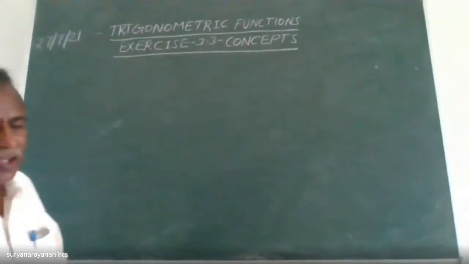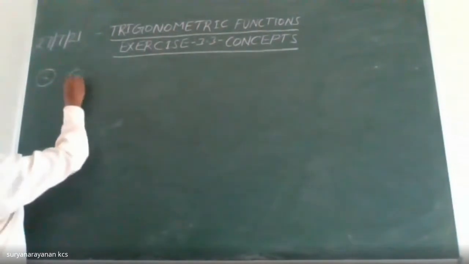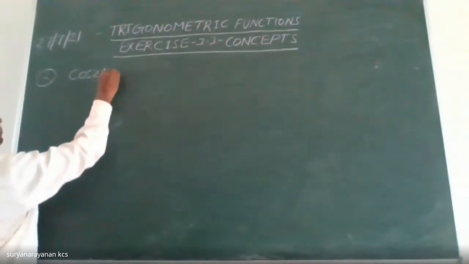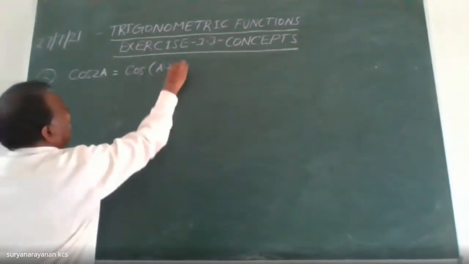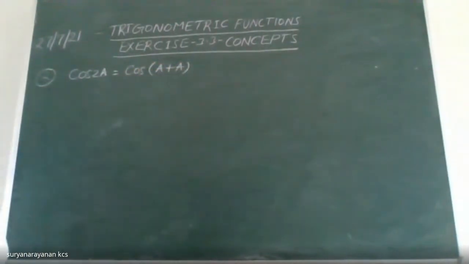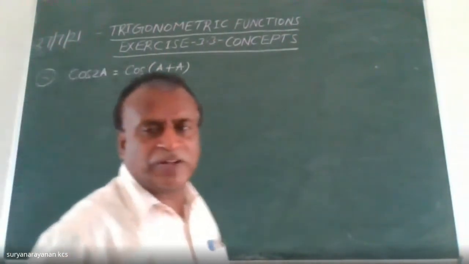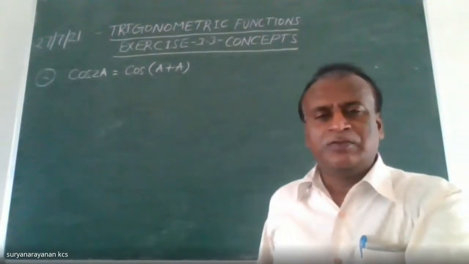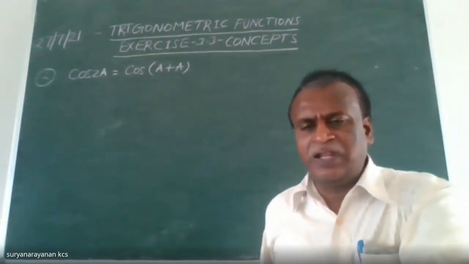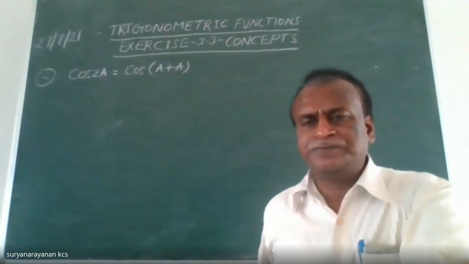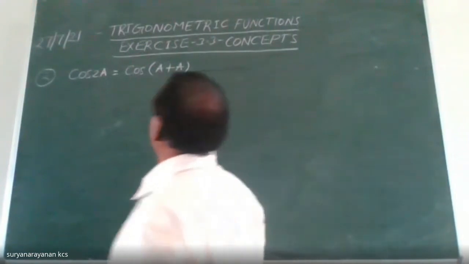Now cos 2a. Can we write this 2a as a plus a? As we followed for the previous formula, we wrote sine 2a as sine of a plus a. Similarly, here we are writing cos 2a as cos of a plus a.